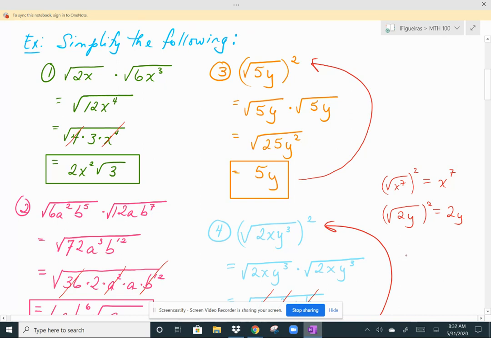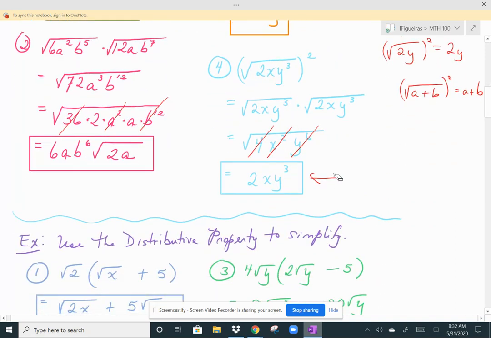If I asked you to simplify the square root of a plus b squared, well, that's just a plus b. Okay, so this is the shortcut that I just explained here, and number 3 and number 4 show you all the intermediate steps, but you can certainly use the shortcut once you get comfortable with this.